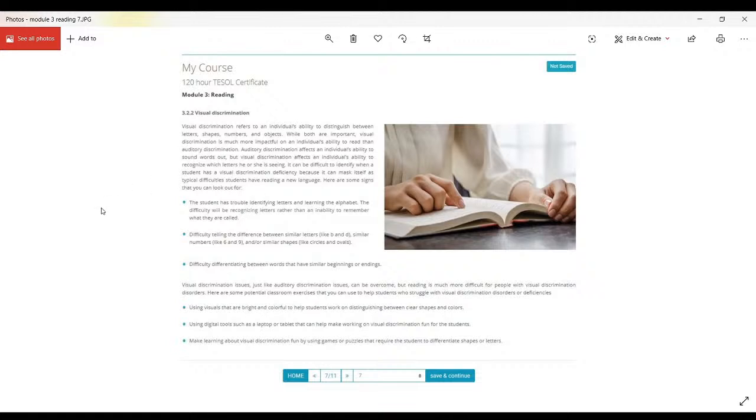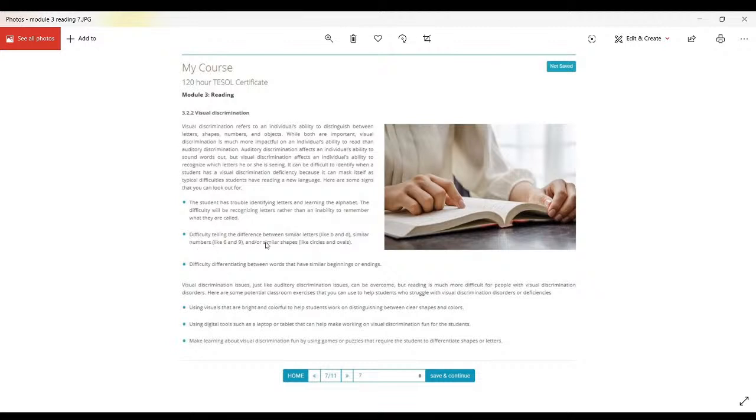Here are the bullets. The student has trouble identifying letters and learning the alphabet. The difficulty will be recognizing letters rather than an inability to remember what they are called. So they can recognize, but they cannot remember what they are called, right?